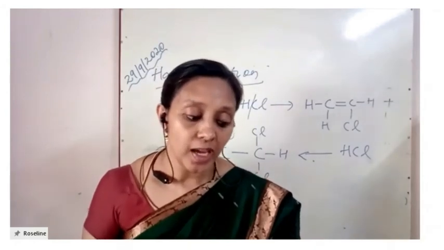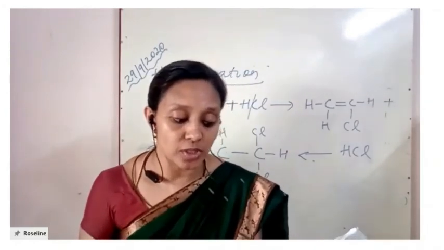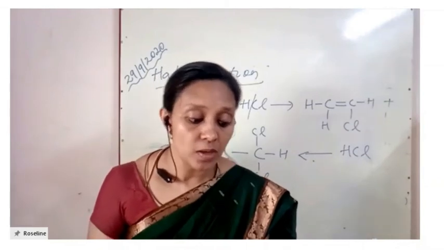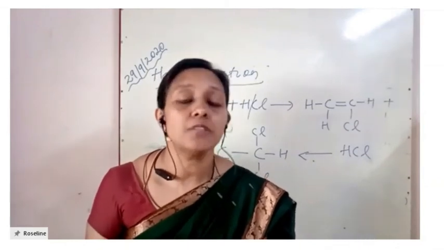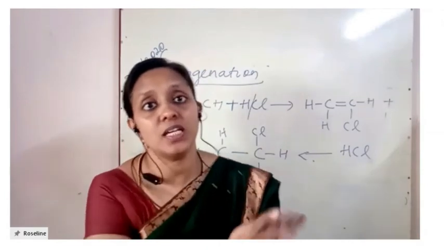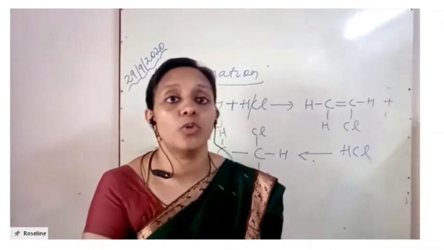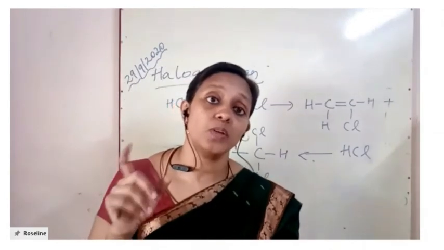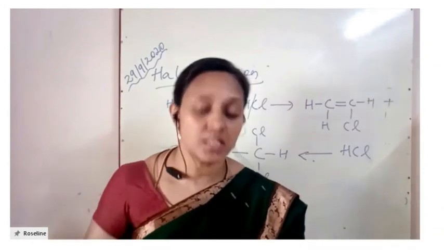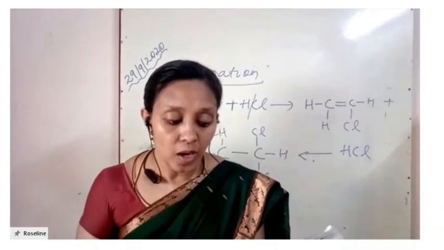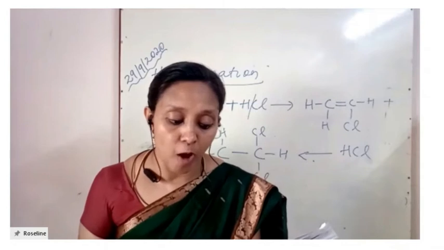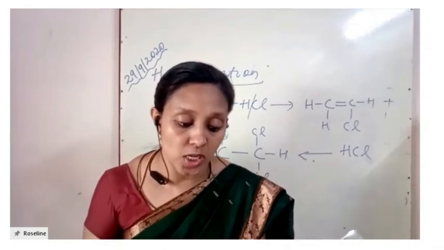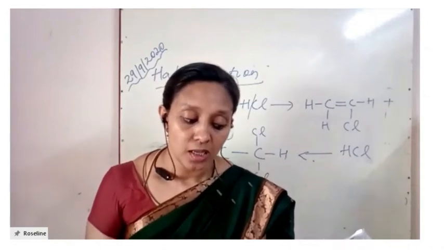Now, question number 6. Ethene, when it reacts with halogen, forms saturated products. Name them and write balanced equations. We have already seen the reactions and also their products. When you write their names, write their IUPAC names. Now, give the conditions and main product formed by hydrogenation of ethene.